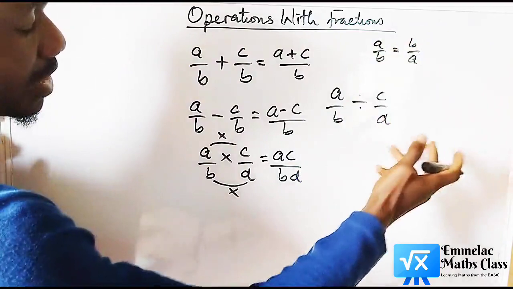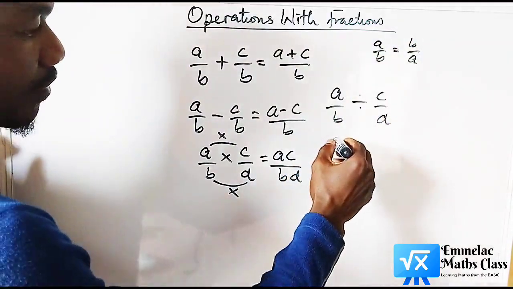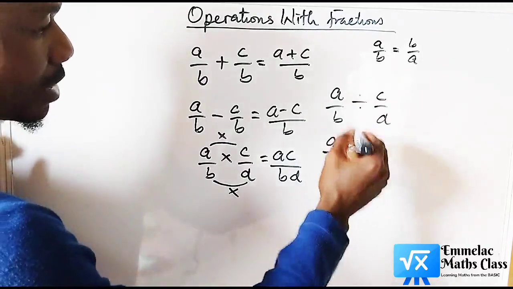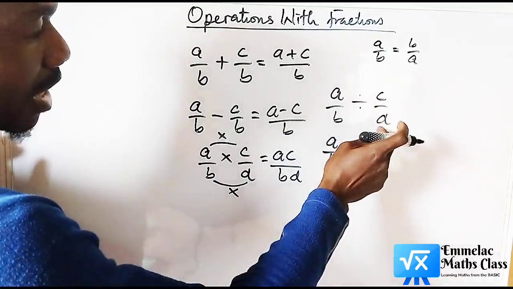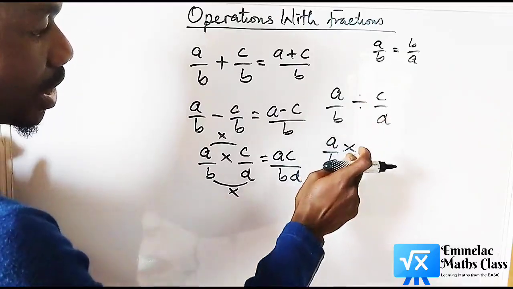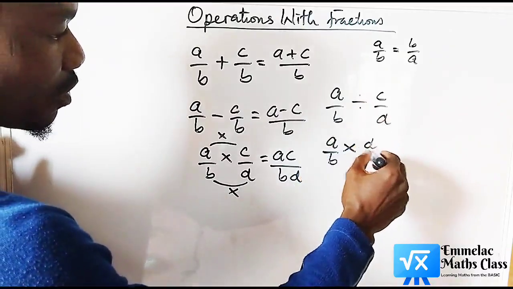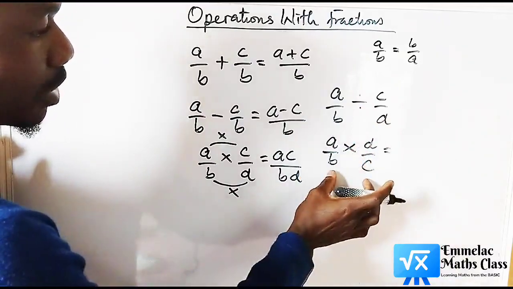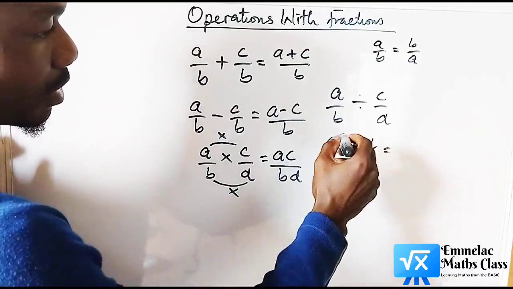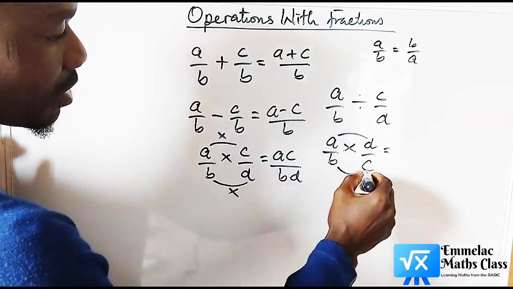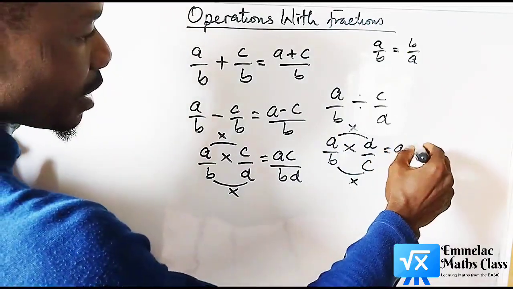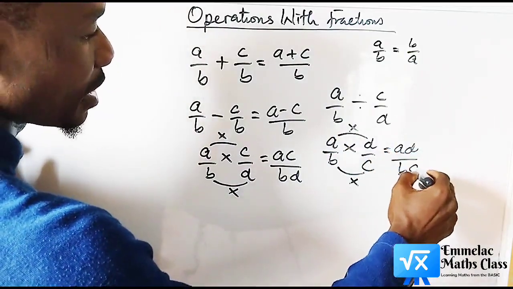So we have a over b, and as you invert, the division sign changes to multiplication, giving d over c. Following the multiplication rule, a multiplied by d and b multiplied by c, here you have AD over BC.